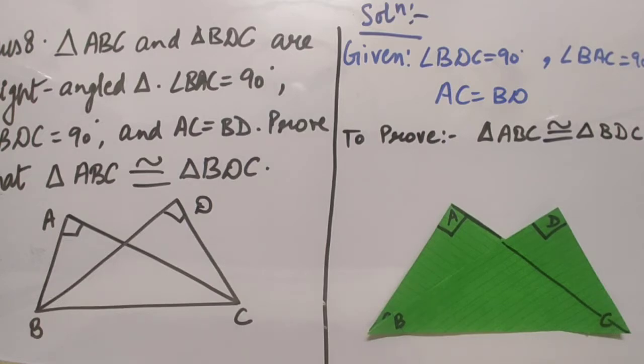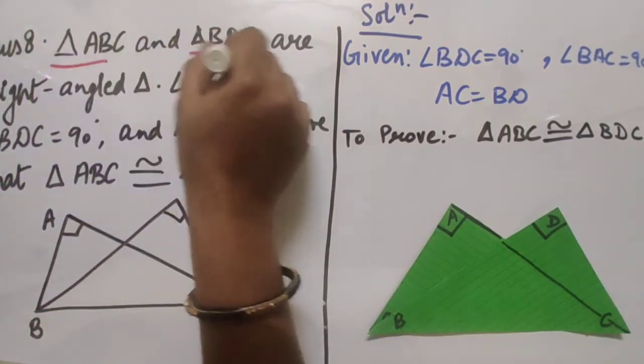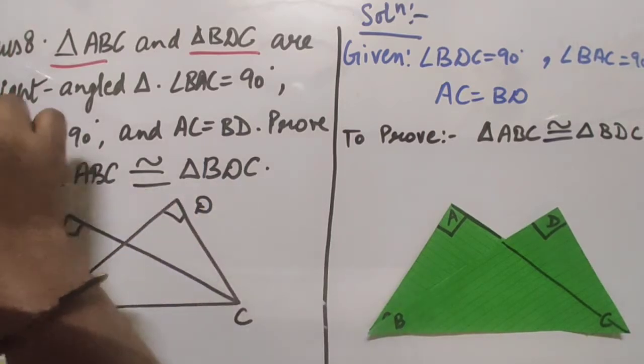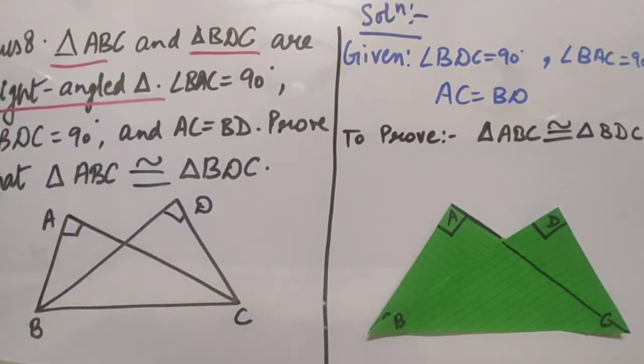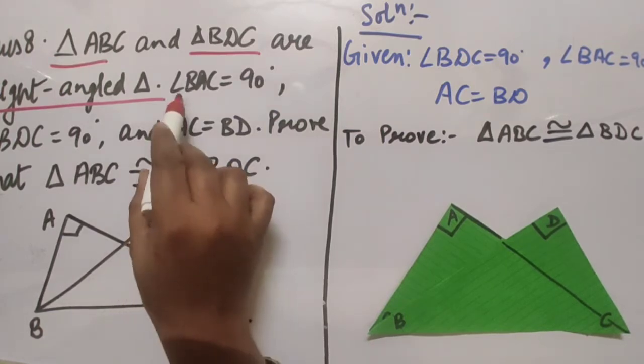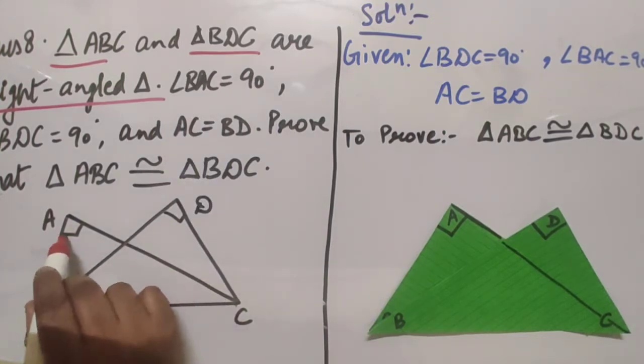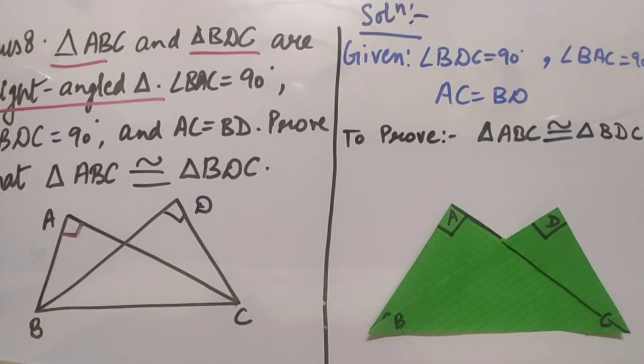So the question is, the triangles ABC and BDC are right angled triangles. Right angle triangle means the triangle which has one angle as 90 degrees. And you can see also here in the figure, angle BAC, that means this angle, is given as 90 degrees.